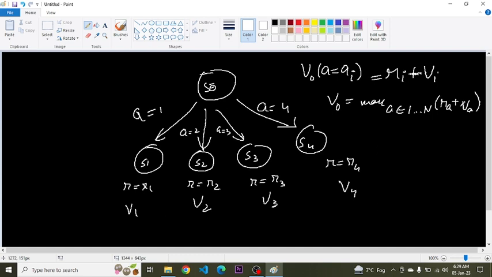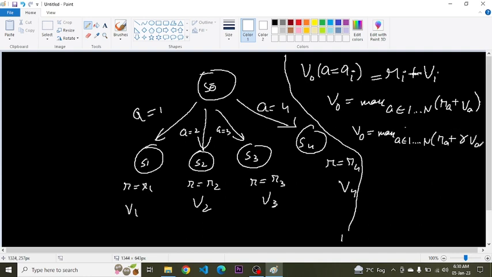If we are using the discount factor gamma, we need to multiply the value of the next state by gamma. So we can also write it in this specific way. Let's make a little distinction so we don't get mixed up. So max over actions a from 1 to n of Ra plus discount factor gamma times Va. Okay, fine.